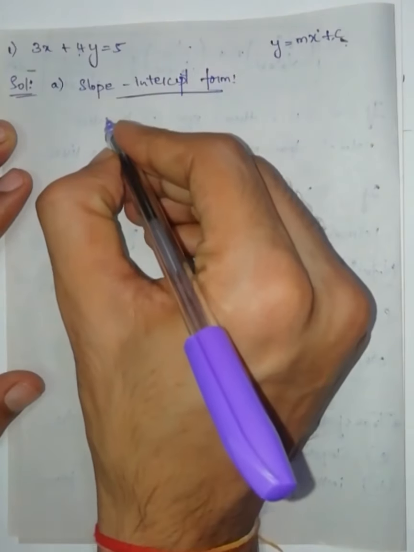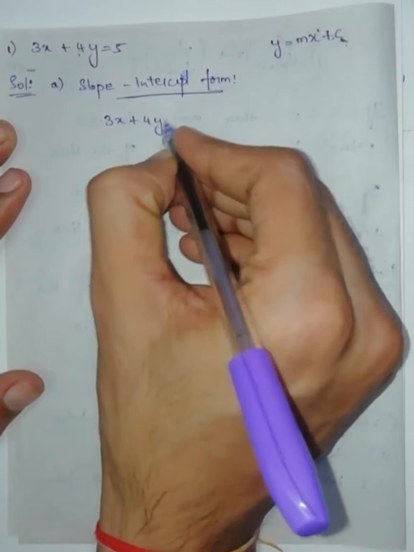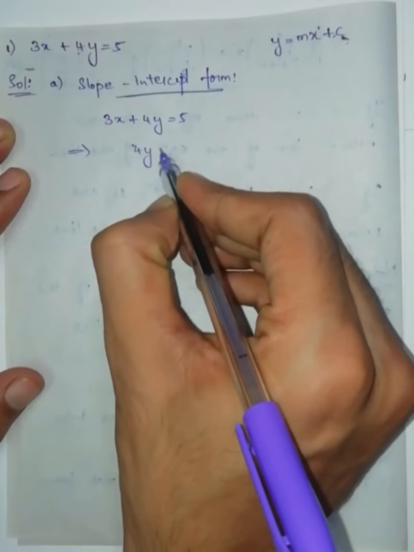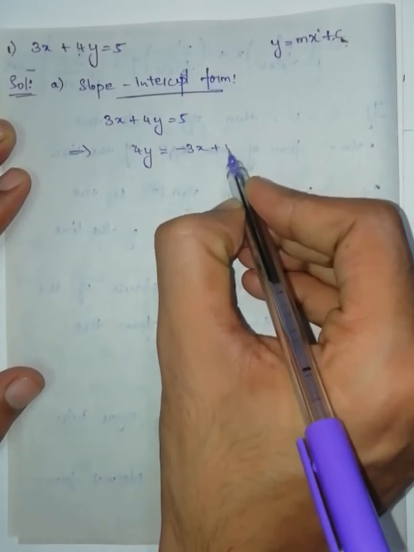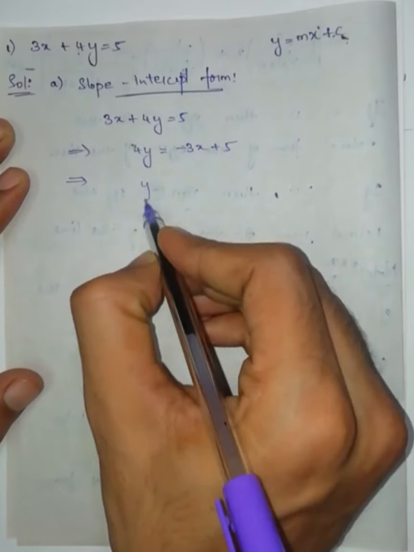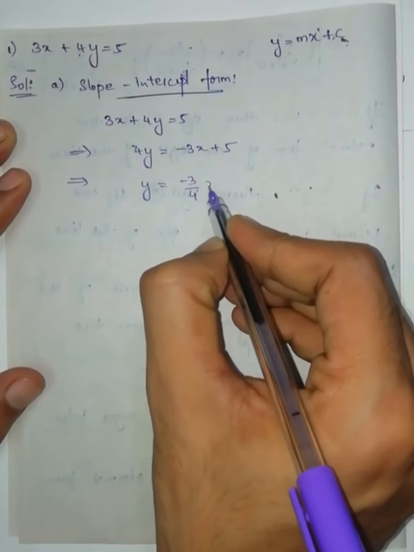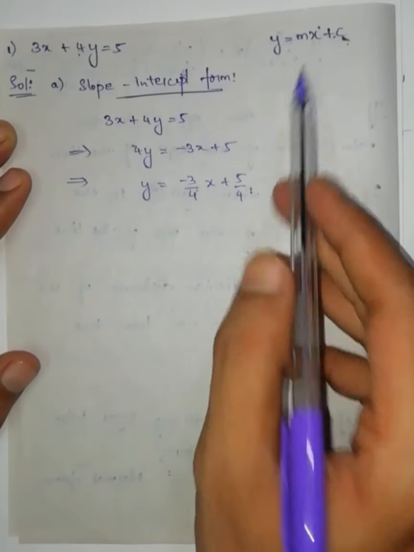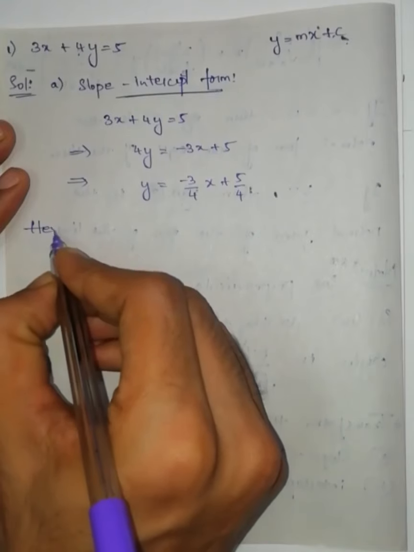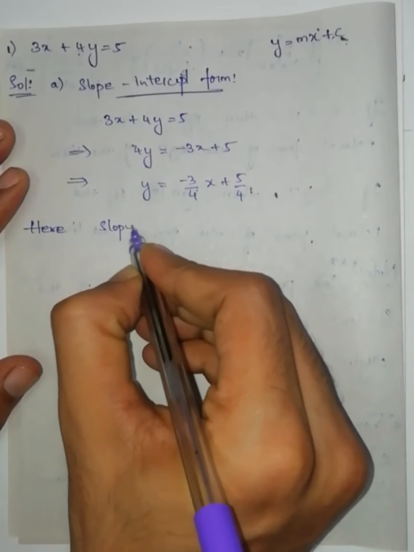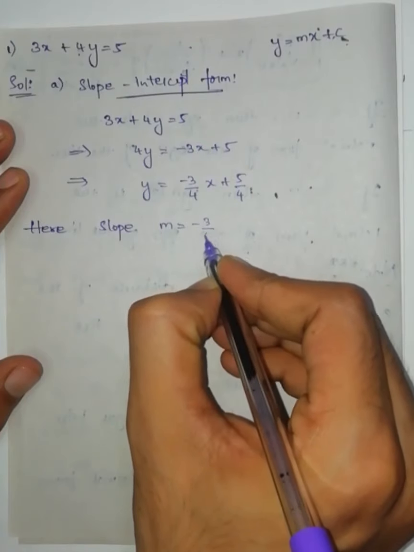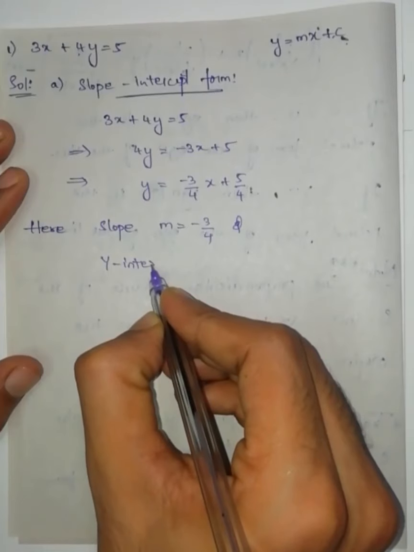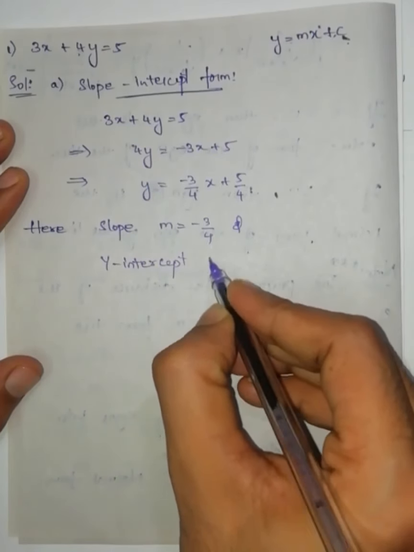The given equation is 3x plus 4y is equal to 5. This can be written as 4y is equal to minus 3x plus 5. This implies y is equal to minus 3 by 4 x plus 5 by 4. Now it is in this form. Here slope m is equal to minus 3 by 4 and y-intercept is 5 by 4.